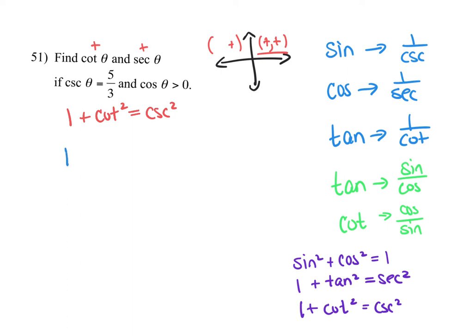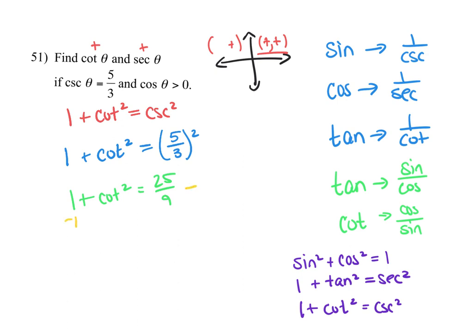So I would say 1 plus cotangent squared, which I don't know, equals, I do know cosecant, so 5/3 squared. Plug it in. So 1 plus cotangent squared equals 25/9, right? Subtract 1.